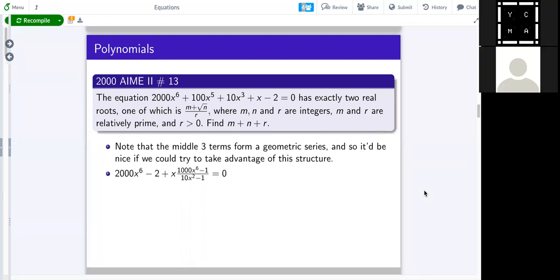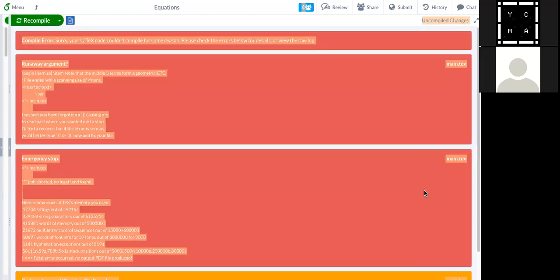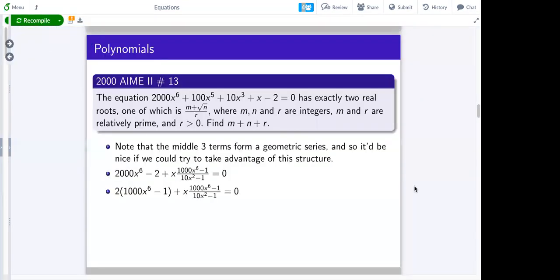Yeah, let's try factoring 2 out of this first term, I guess. There.